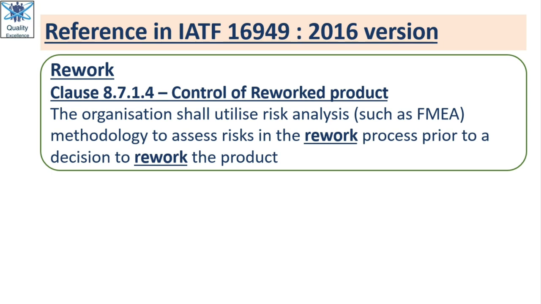So what does this clause say? That we have to assess whether any risk is present in the rework process or not, and that should be done prior to rework of the product.